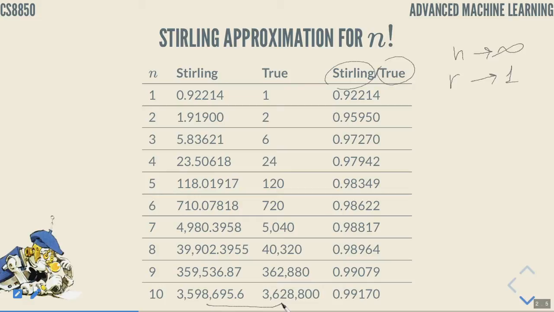So the difference becomes larger and larger, yet the approximation becomes better and better. We can look at a similar example.